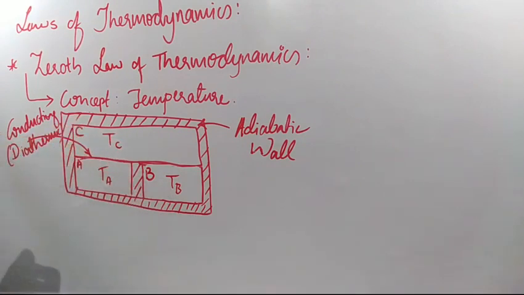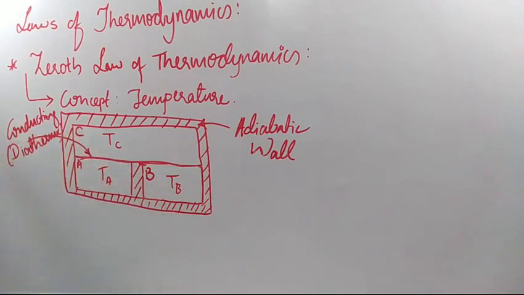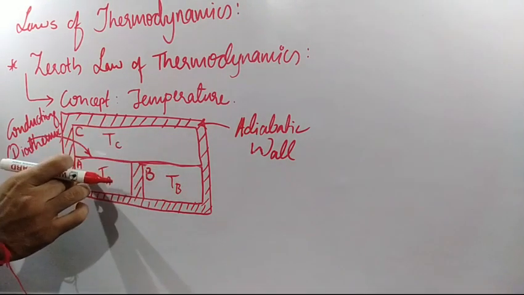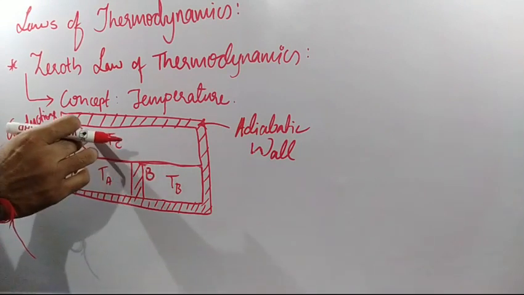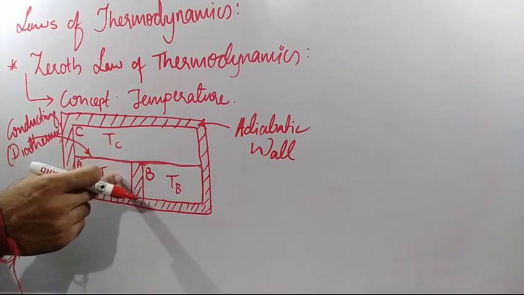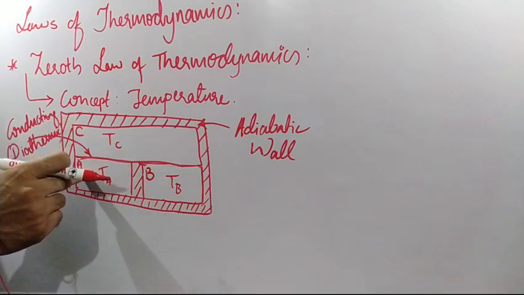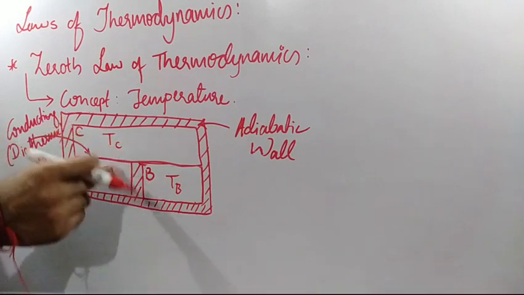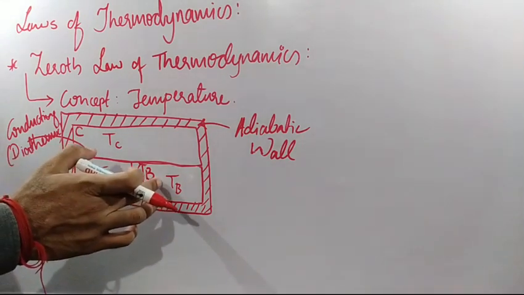Diathermic wall means conducting wall: heat transfers from the body at higher temperature to the body at lower temperature. Considering only A and C, if system C has the maximum temperature and system A the minimum, heat will flow from C to A. Clear?